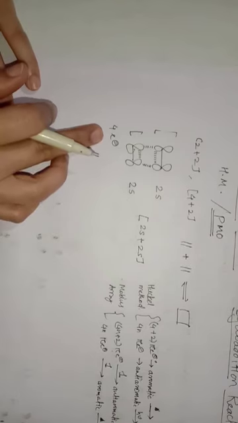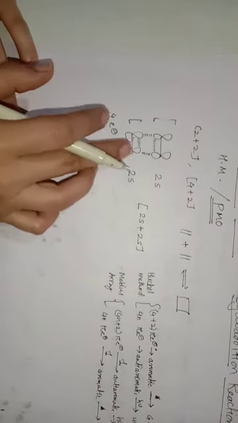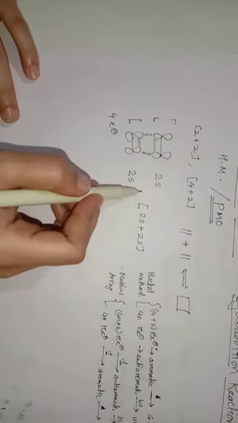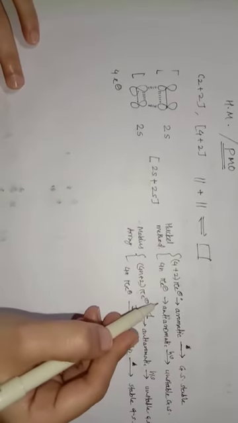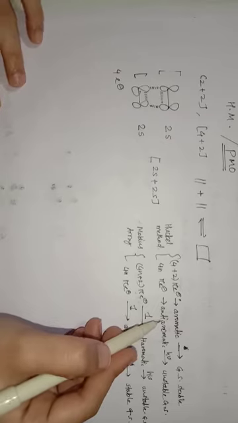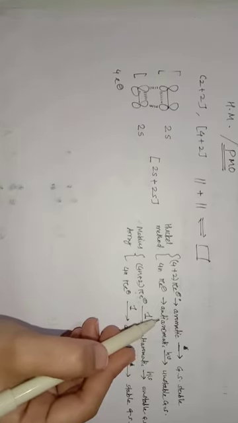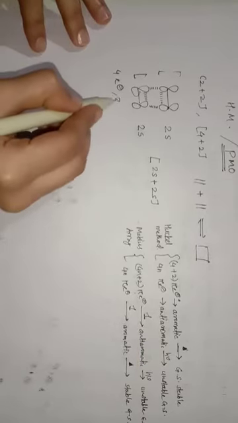Now check about this system. We have a 4 electron system and there is no node because all reactions are taken by supra. So as it is a 4 electron system without a node, it is an anti-aromatic system, right? So write that 4 electron system, no node. You have to mention 0 node.